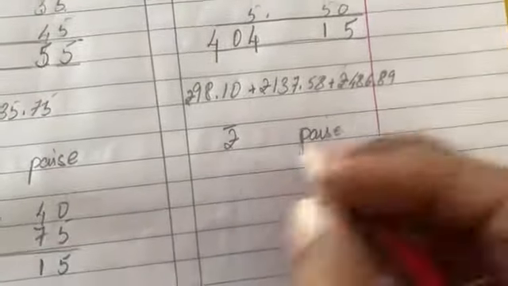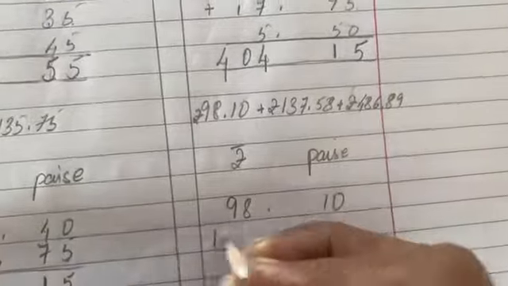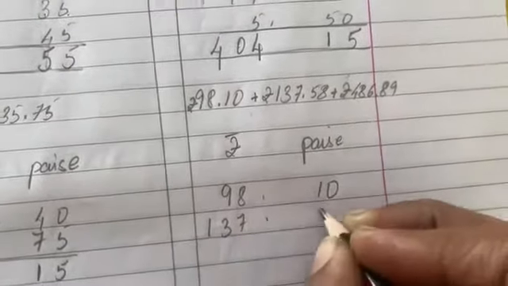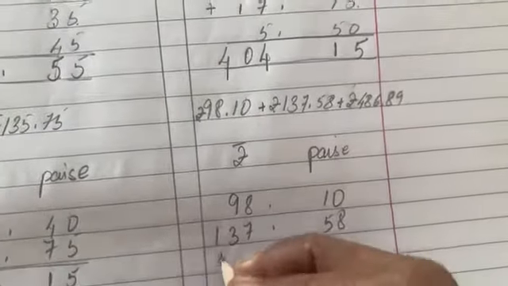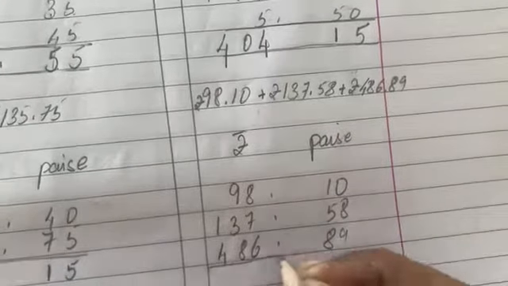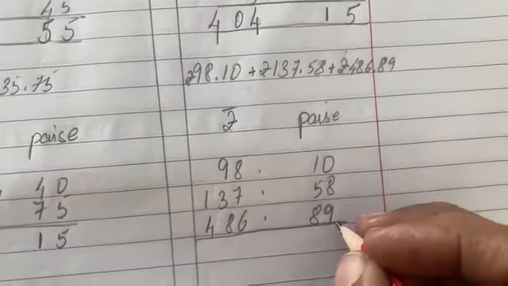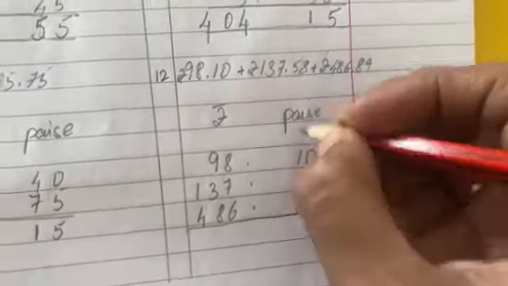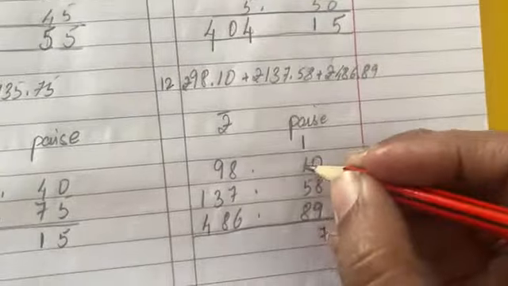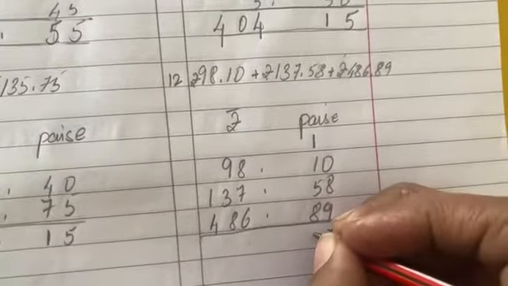Now the last question, rupees and paise. Okay, now 98.10, 137.58 and 486.89. So 8 ones, 8 to 16, 17. 7 stays down, 1 goes up. 5 plus 1 is 6, 6 plus 1 is 7, 7 plus 8 is 15.